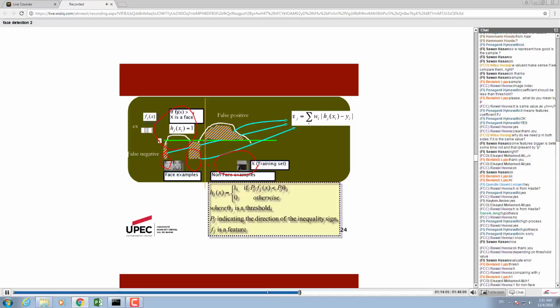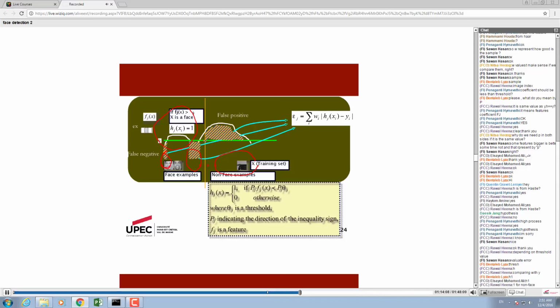It should be 1, right? Because they are all faces. The left part of this yellow vertical line is all face. But for this colored area, it is below green. It means H will say, oh, this is 0.